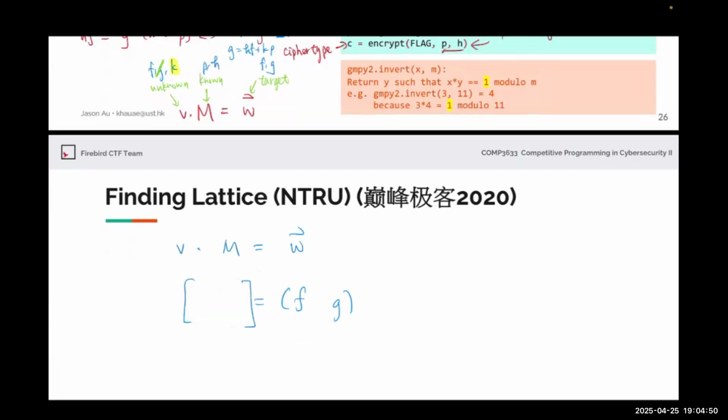And V is a matrix with 2 elements. So we just put F and K here and then figure out these 4 elements.